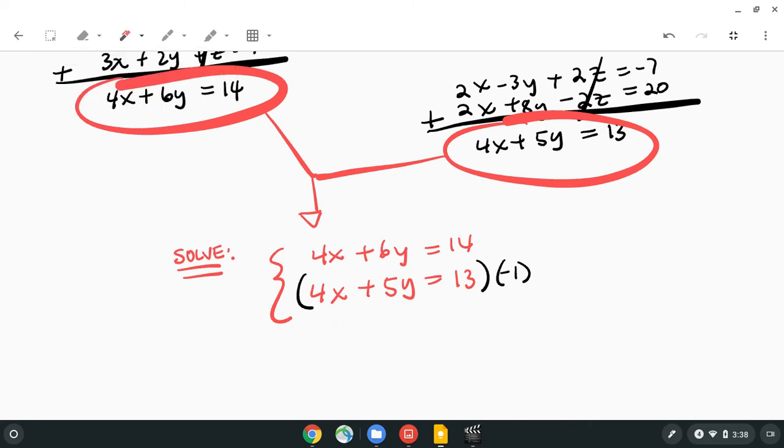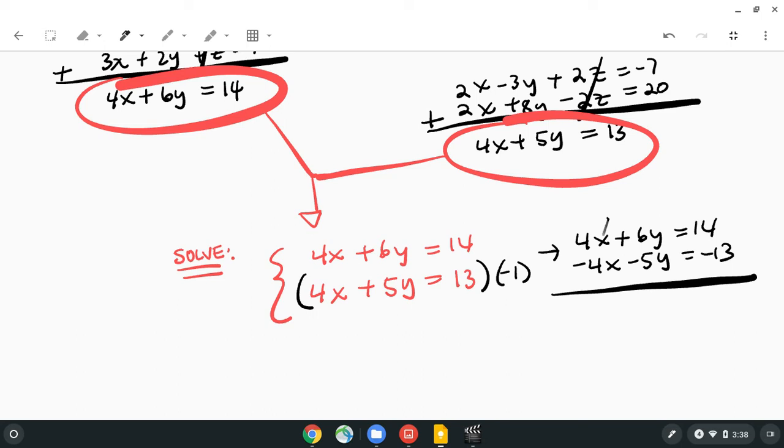And so let me go back to black. Okay. So then the top equation remains the same. The bottom one becomes negative 4x minus 5y equals negative 13. And now these will eliminate, and I get y equals 1.